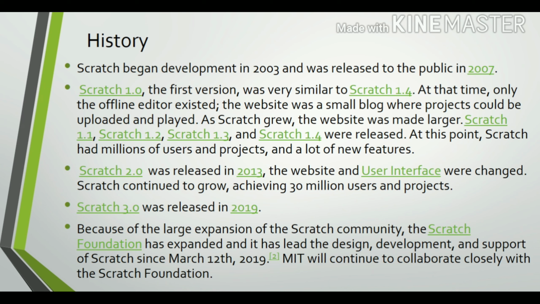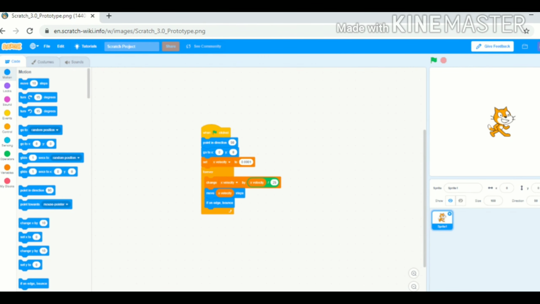Because of the large expansion of the Scratch community, the Scratch Foundation has expanded and it has led the design. So currently we are using Scratch 2.0 because it is widely used and liked by people. Okay, so this is the user interface of Scratch.